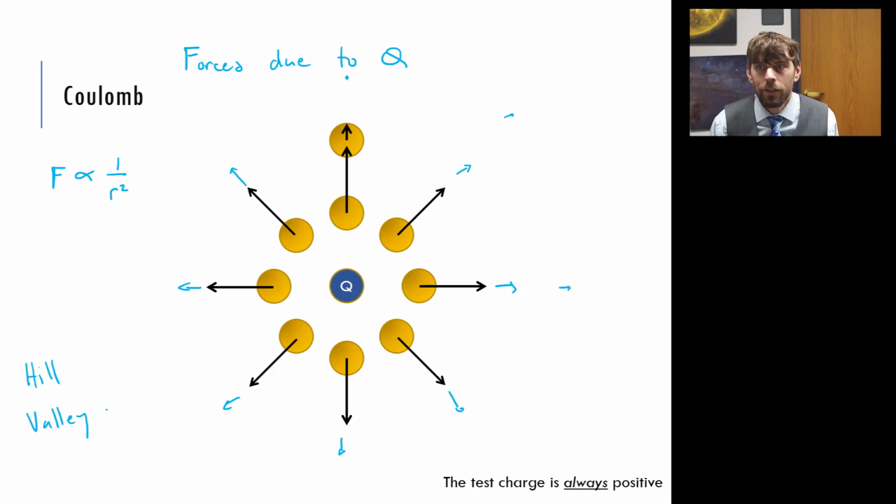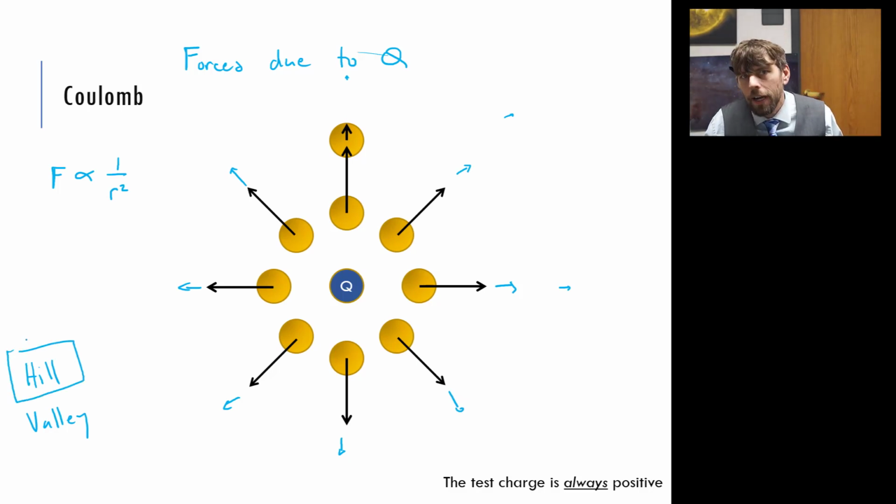Yeah, good. Well, you notice that all of the test charges are going away from that central area. So if I had a valley and I dropped a bunch of marbles on the valley, would they actually move away from the center? You go, no, of course they would collapse towards it, okay? Well, how about a hill? Well, yeah, if I put a bunch of marbles on top of a hill, they're all going to spread out.